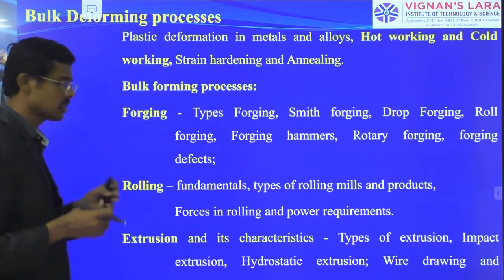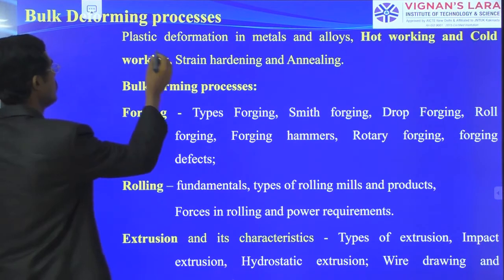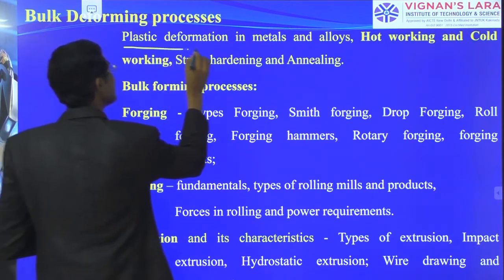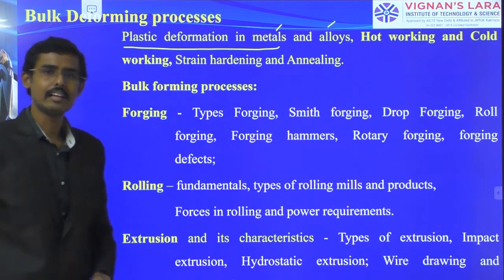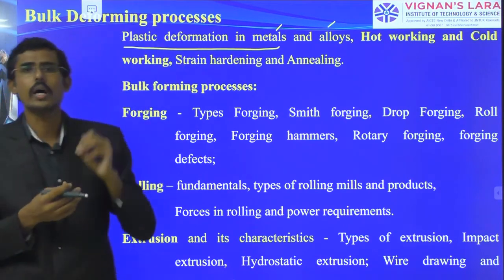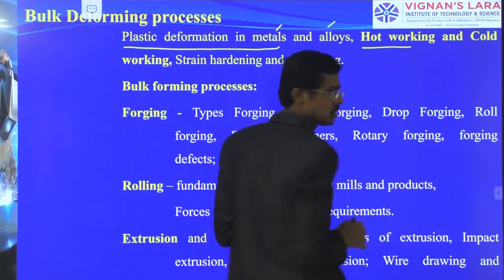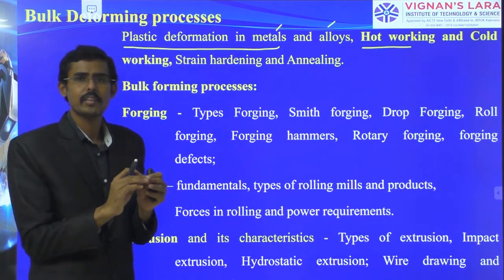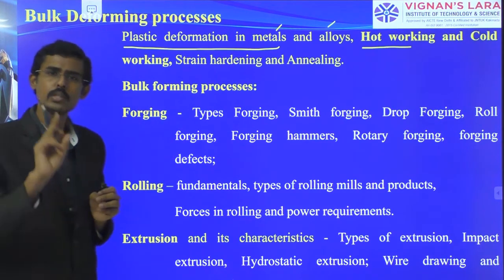So you see, these are the various topics that we are going to cover. In such a way, I am dividing the plastic deformation of metals and alloys, and there we are going to talk about how this deformation happens. It may be a hot working process: after heating, at a red hot condition, we deform the metal into another shape.